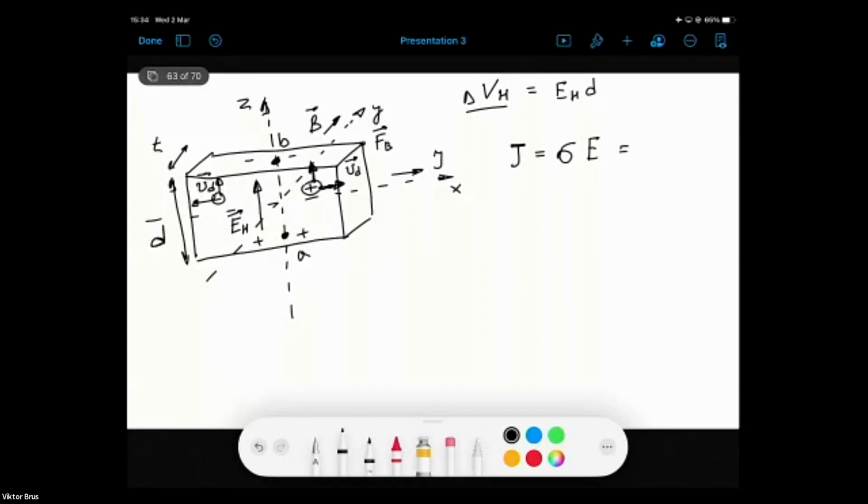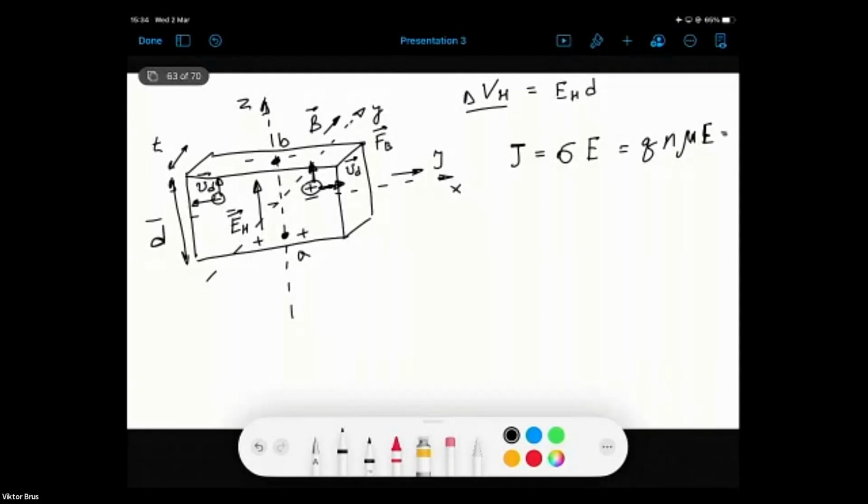In other terms, we can write that current density is equal to electric charge q times n, the concentration of charge carriers, times mu times E. This mu is called mobility of charge carriers.